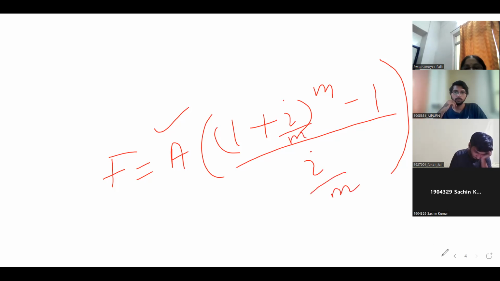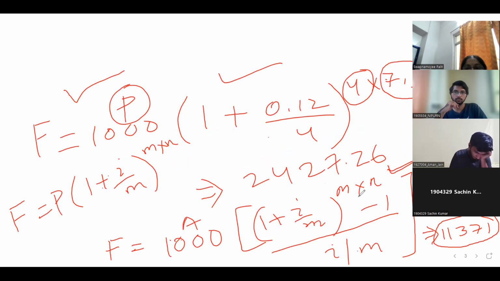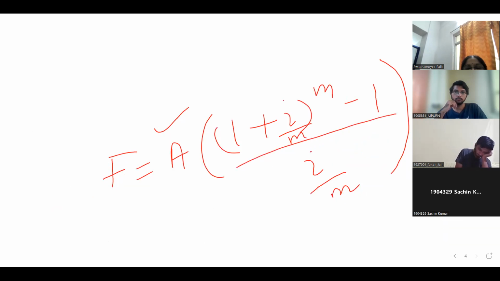Understood? It's the same formula. This is for every per annum interest rate. If it is more than once in a year, then you have to include the number of times compounding is done here.